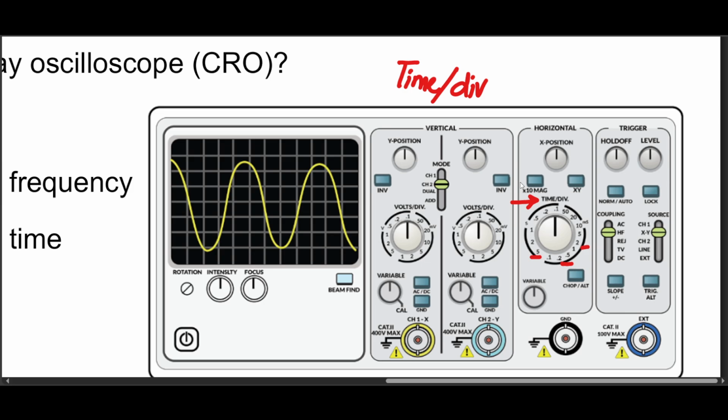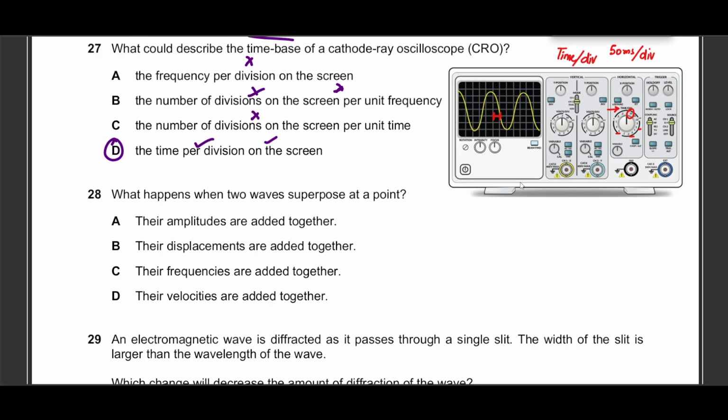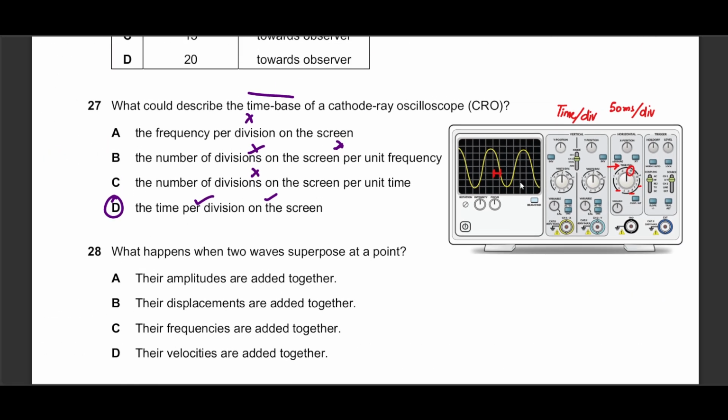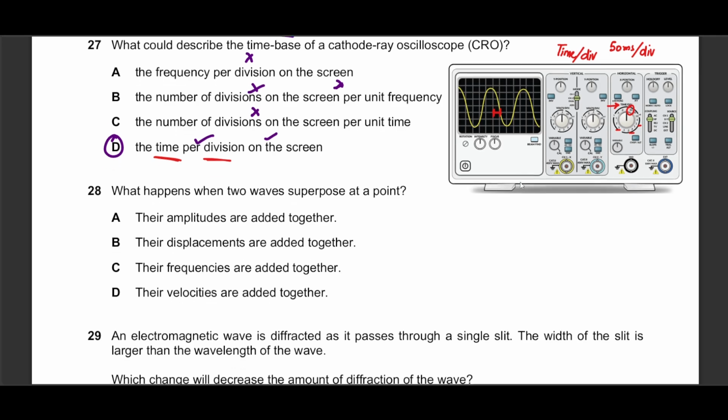So let's say if you choose 50 value, this would be 50 milliseconds per div, which means that one box along the x-axis represents 50 milliseconds, no matter where you count it from. So it's actually time divided by div or division. So that is what we represent here. It's time divided by division. That is why we chose option D.